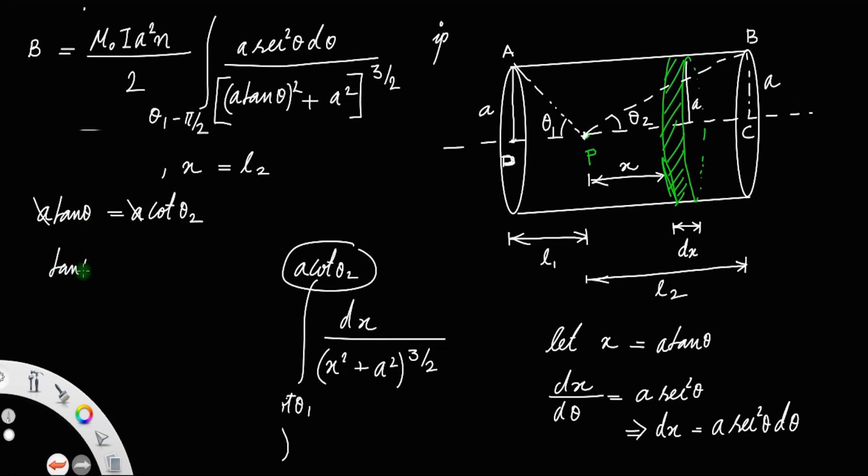Tan theta is equal to cot theta 2, which you can write as tan of (pi by 2 minus theta 2). Comparing these two, you will get theta is equal to pi by 2 minus theta 2. So the upper limit is pi by 2 minus theta 2. Clear? Now we can integrate this equation.